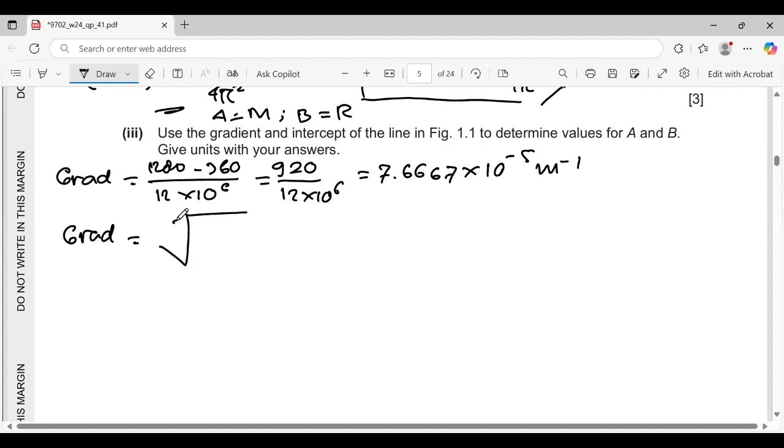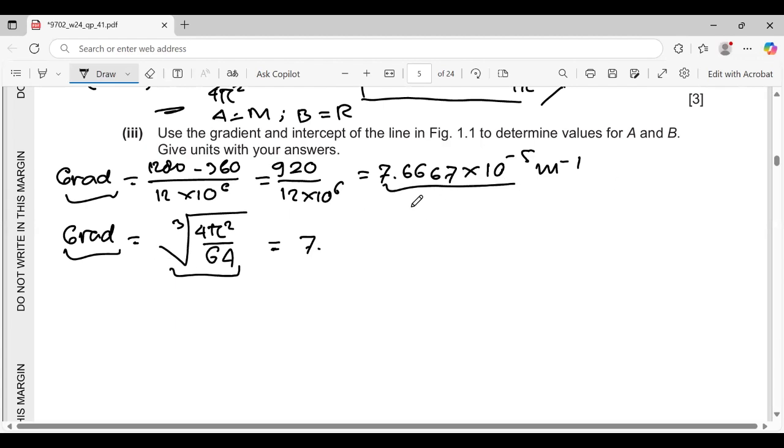Also, the gradient we can find through the cube root of 4 pi squared over G times a. Because this is the gradient and this is the gradient, this number equals this number.